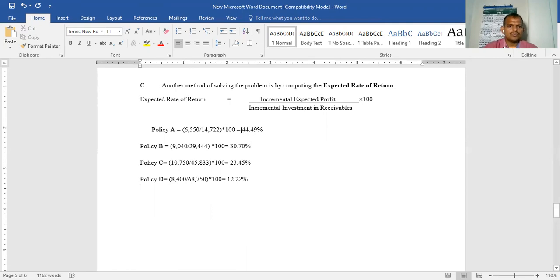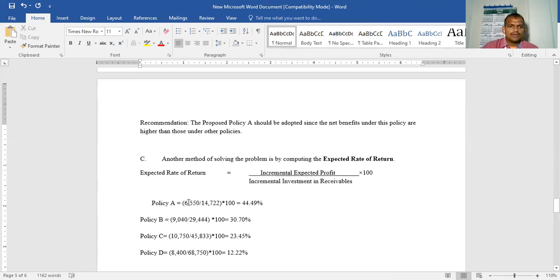See here also, policy A has highest expected rate of return. It means proposed policy A should be adopted. This is how we have to evaluate the credit policy.